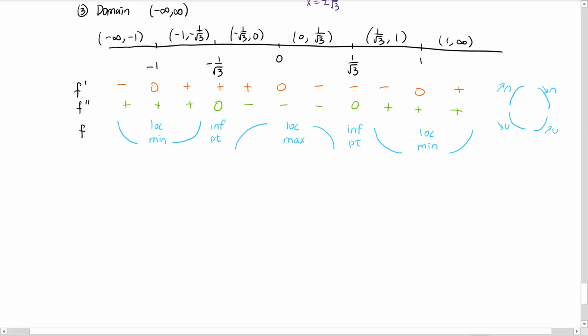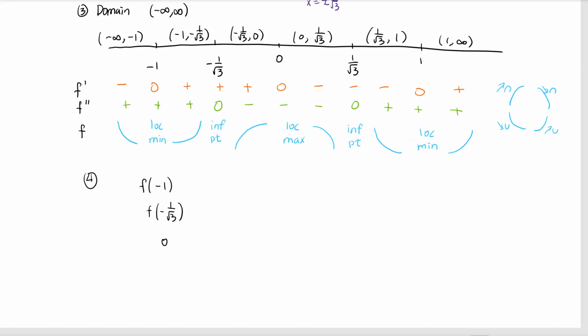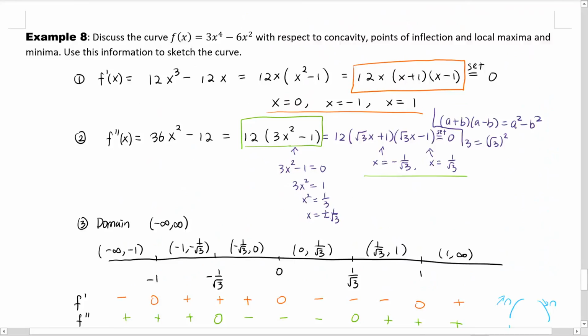Do you remember what the next step is? We plot the important points. What are the important points? -1, -1 over root 3, 0, 1 over root 3, and 1. What happens when we plug in -1?